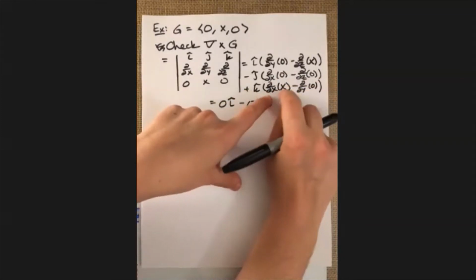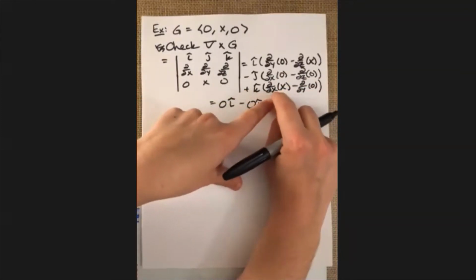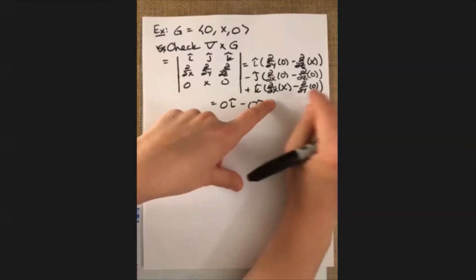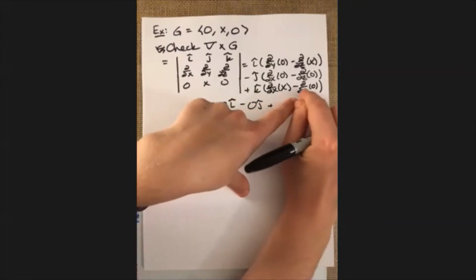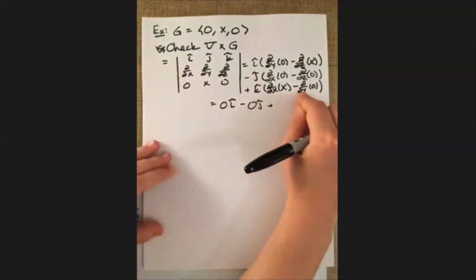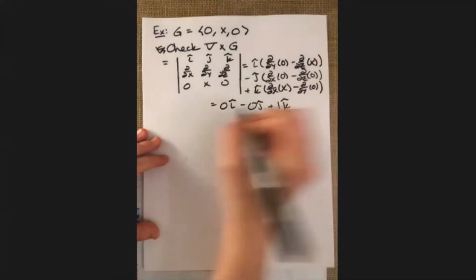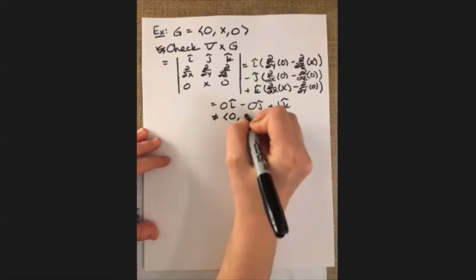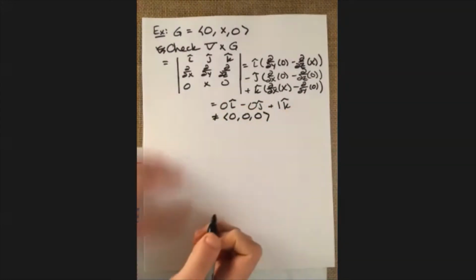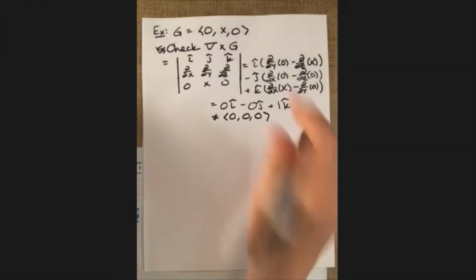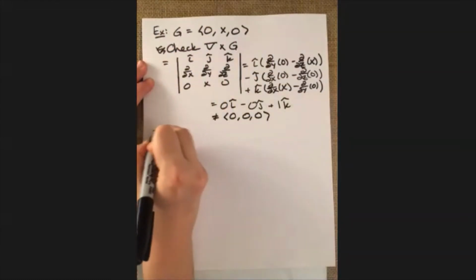Because right here, if I take the partial derivative of x with respect to x, I'm going to get 1. But I'm not subtracting off of 1 here. If I take the partial derivative of 0 with respect to y, I get 0. So I'm left with 1 k hat. And that is not equal to the 0 vector. So this means that this particular vector field is not conservative.